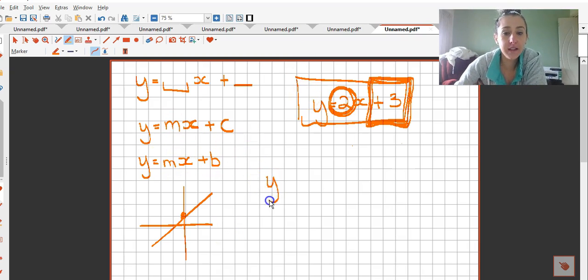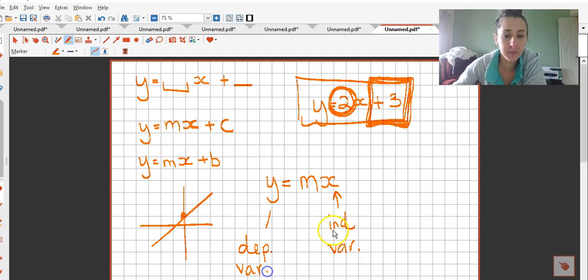So y, our dependent variable, one of our variables that will change, is equal to m multiplied by x. So x again is our independent variable.